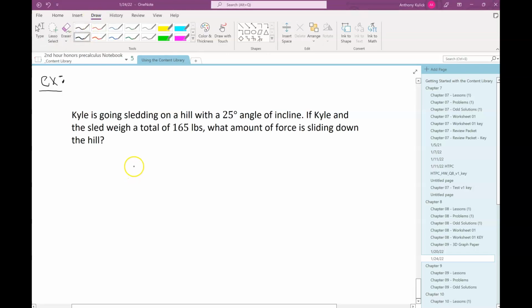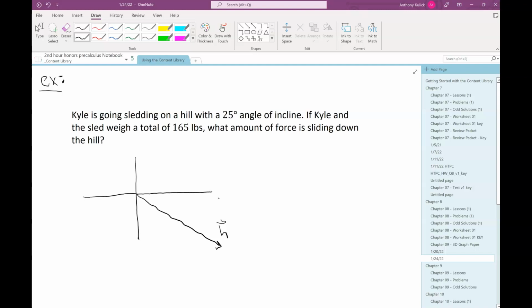So I'm going to start by drawing myself a picture, starting with my hill vector. And I know if the angle of incline is 25 degrees, that's basically saying that this piece is 25. But what I'm more interested in is really that that piece is also 25 degrees.